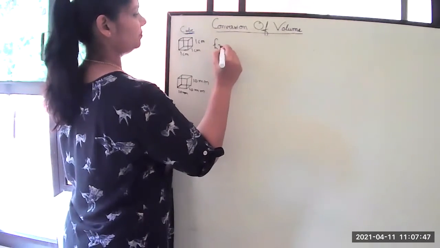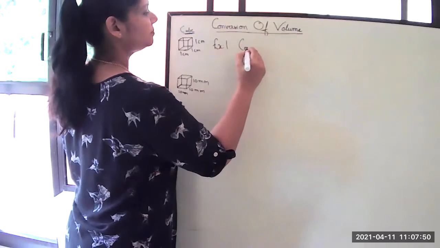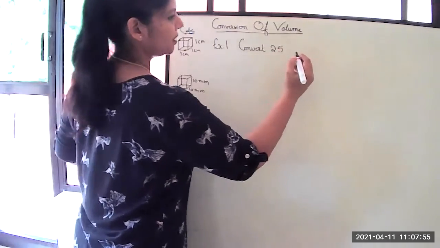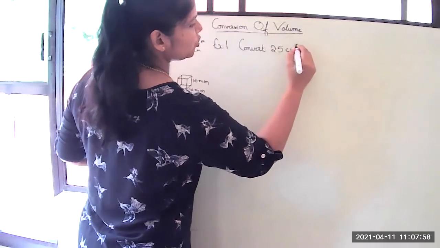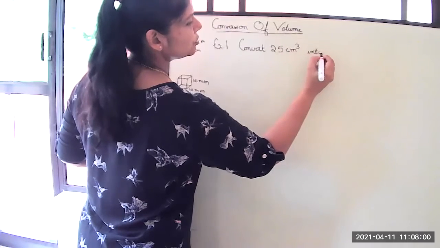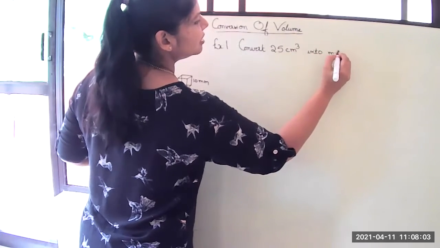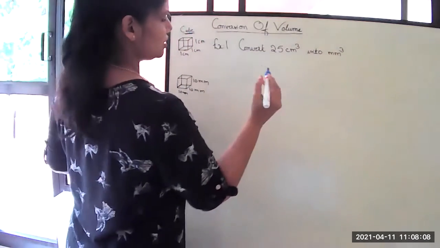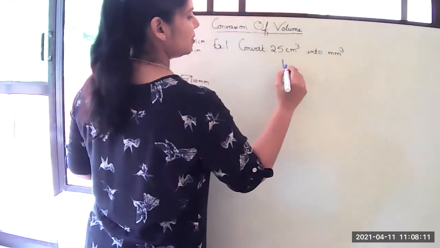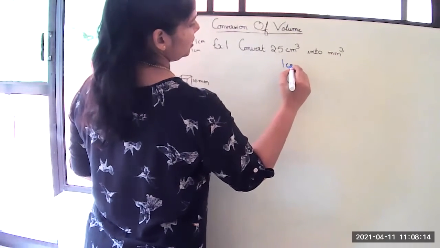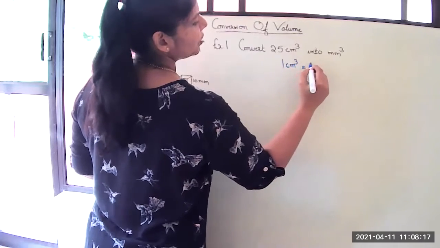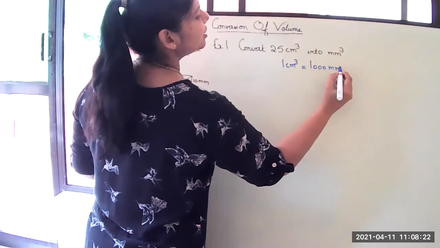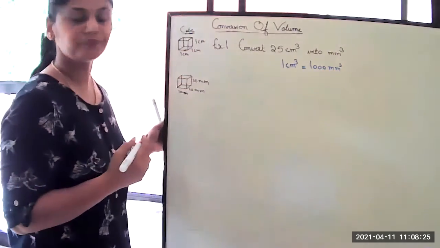So the first example. Convert 25 centimeter cube into millimeter cube. So what is 1 centimeter cube equal to? 1000 millimeter cube. Okay.